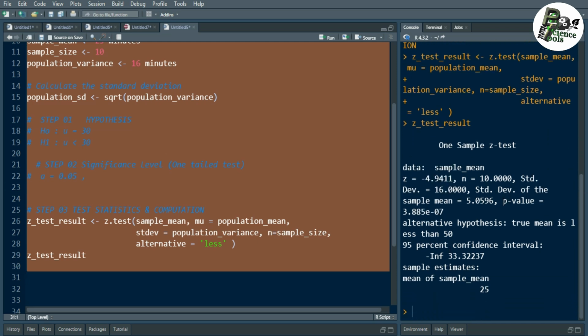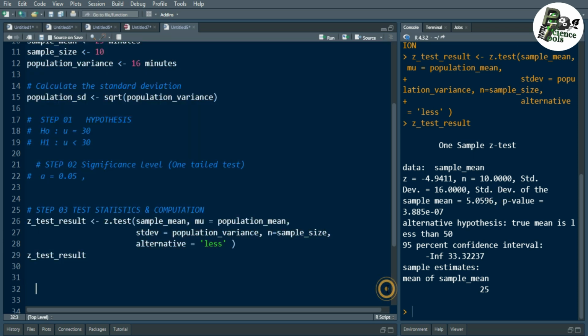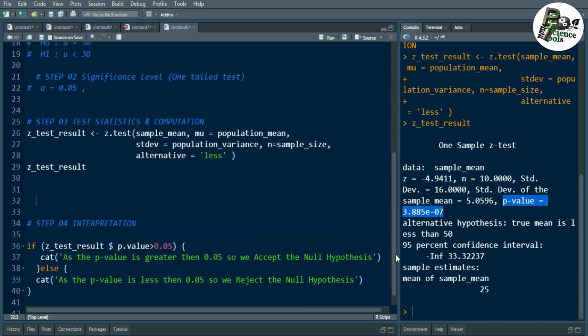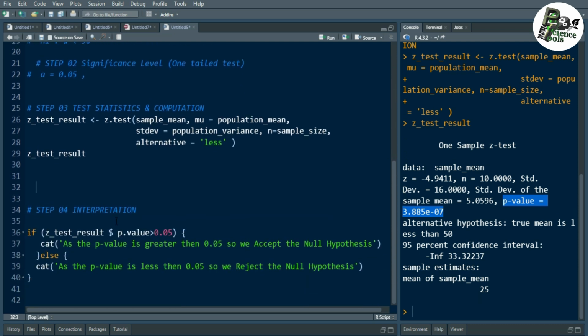The p value is 3.885 e. As I discussed in the previous video, our main concern is the p value. If the p value is greater than our significance level, we accept our null hypothesis. But if the p value is less than our significance level, we reject our null hypothesis.